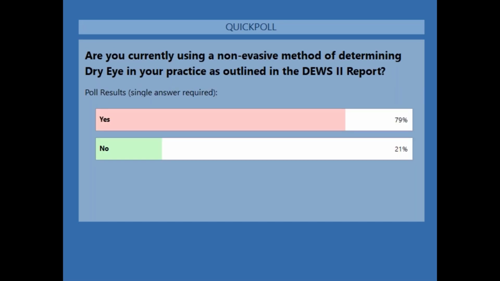Wow. That's great to see for the 79%. For the 21%, the reason that I put the dues report in there is because, part of the protocol that they've suggested is that you use a non-invasive tear break-up method for evaluating dry eye.